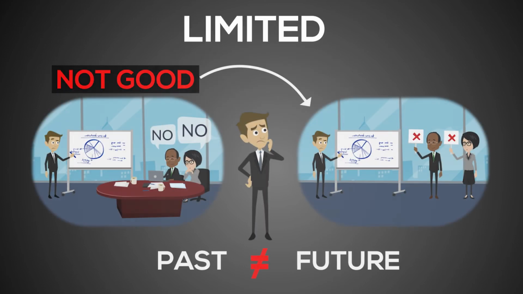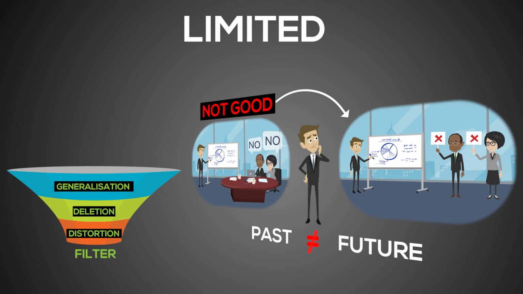So guys, please be careful, and please remember, when you're trying to drive meaning out of some things, you might drive a meaning which might be limiting you. Just how this belief was limiting this gentleman. All these generalization, deletion and distortion led him to believe that he was not good enough.